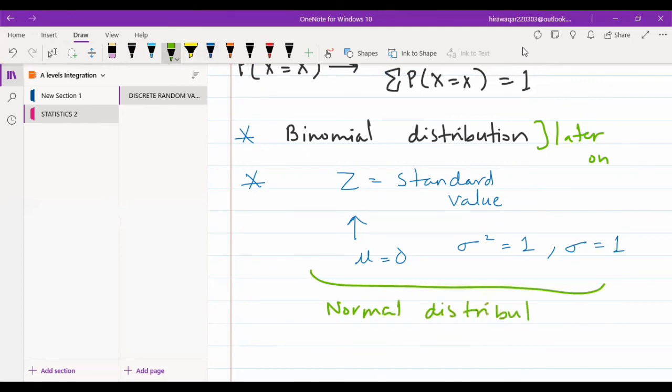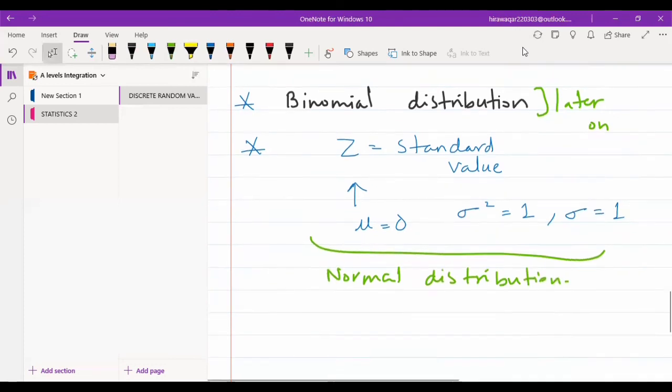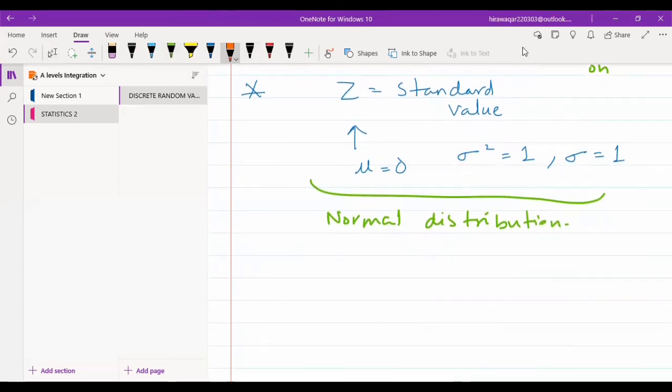The way of writing normal distribution is a little bit different. Like this, if you are normally distributed, you will have the mean over here and the variance over here. So you will see z, 0 comma 1.